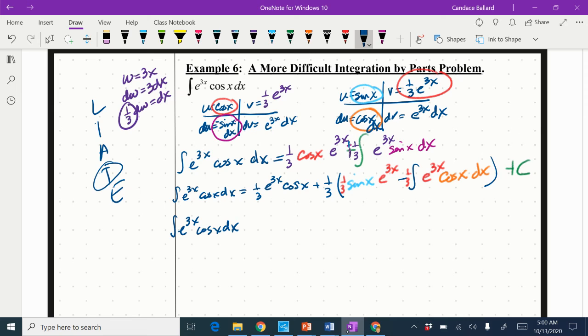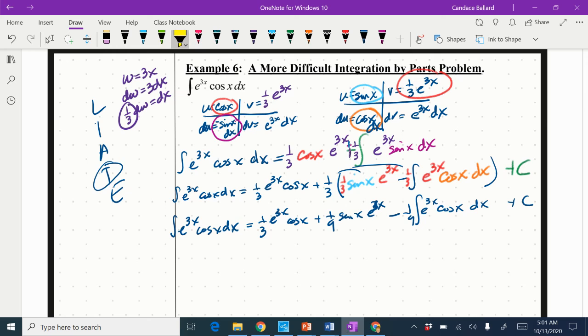But there's something interesting that's happening right now. e to the 3x cosine x plus 1/9 sine x e to the 3x minus 1/9, because I'm distributing that in, e to the 3x cosine x. Got the integral in there still, dx, and then technically plus c.